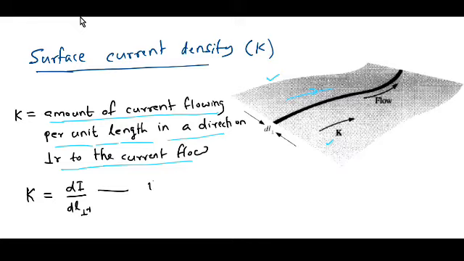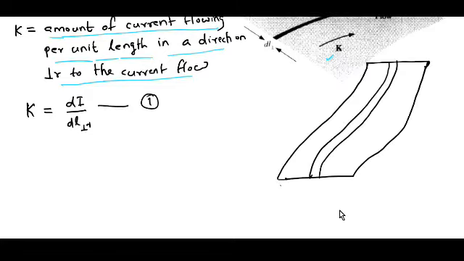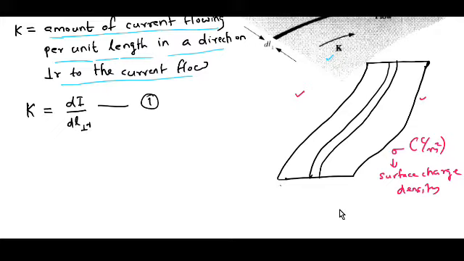To make it more clear, I will draw another picture. Look at this picture. This is a sheet through which a surface charge is flowing. Sigma is the surface charge density, whose unit is coulomb per meter square. This surface charge is flowing through this charged sheet, and its direction is given by this.